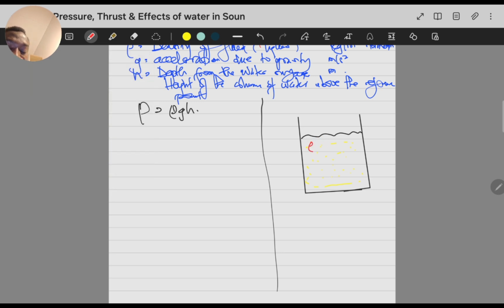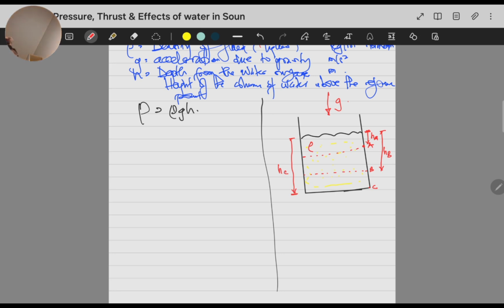It has the density, there's an acceleration due to gravity, and also there's a height reference point where we want to consider the pressure. So let's say we want to consider point A, point B, point C, for example. We have HA here. Then from the surface, if we are considering B level, it is HB, and if we are considering C, it is HC. So it's the depth.